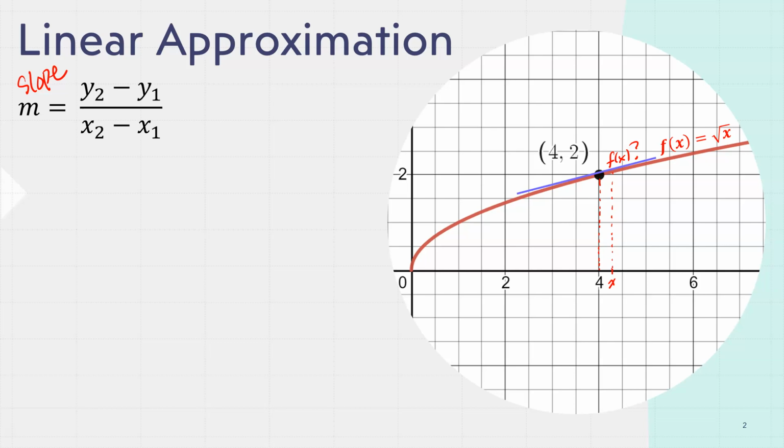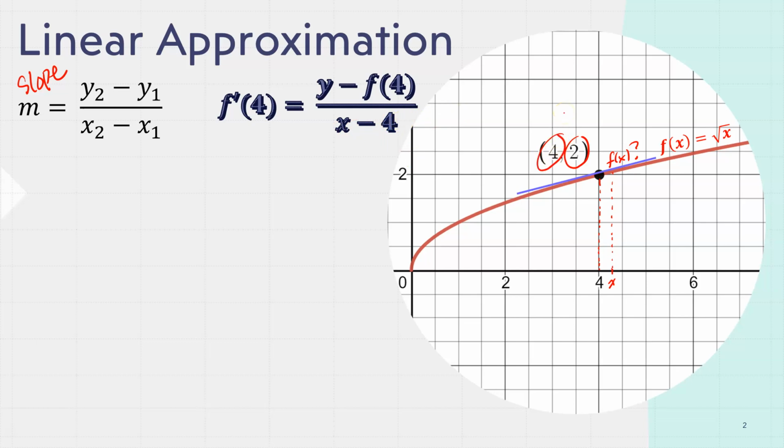So the derivative at 4 is equal to y minus the y value that I know, which is 2, over x minus 4, the x value that I know.